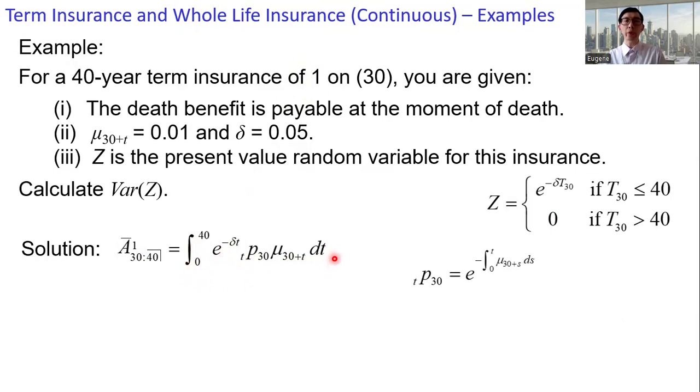We need to get t p 30. By definition, this is equal to e to the power negative of the integral of the force of mortality. And because the force of mortality is a constant 0.01, we can directly get t p 30 is e to the power minus 0.01 times t.